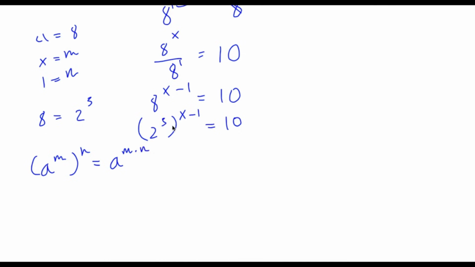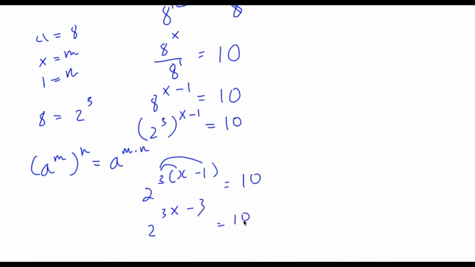So 2 to the power of 3 to the power of x minus 1, this is the same thing as 2 to the power of 3 times x minus 1 is equal to 10. Now we have to simplify this, so we're going to distribute the 3. So this would be 2 to the power of 3 times x is 3x minus 3 times 1 is 3.